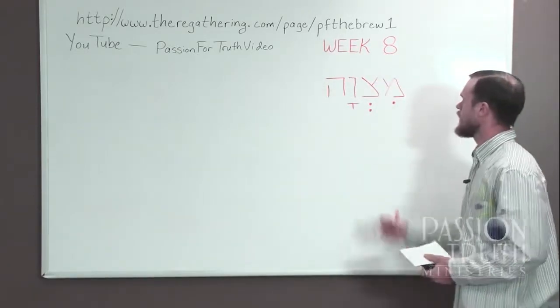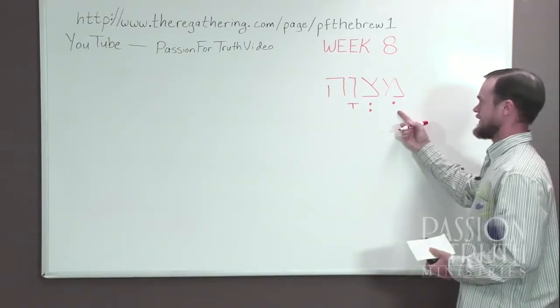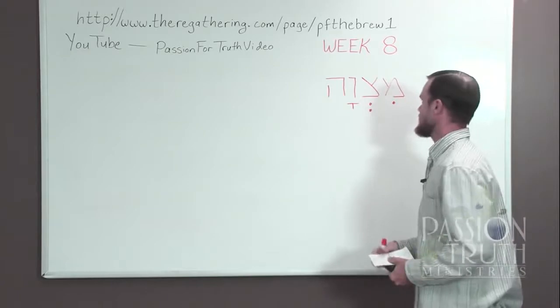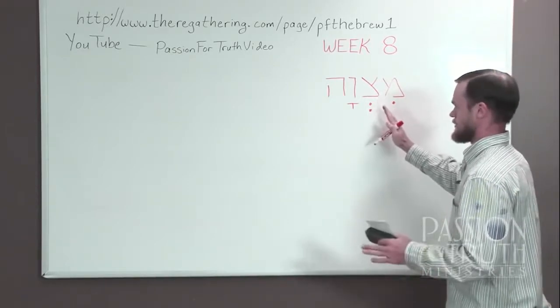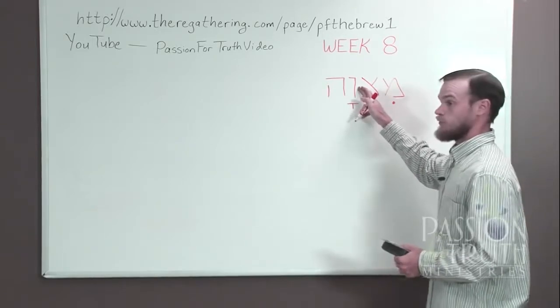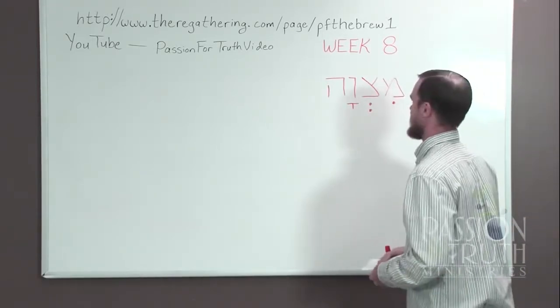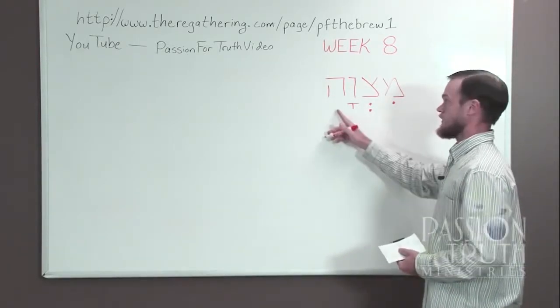So mem, ma, followed by a chirik is mi. Tzadi is the same sound as in pizza. So mitz, and we've got no vowel here, so mitz and then a stop. For once we have a vav that's actually pronounced and not part of a vowel, so it makes a V sound, followed by the ah of the kamatz, and the hey is silent at the end.